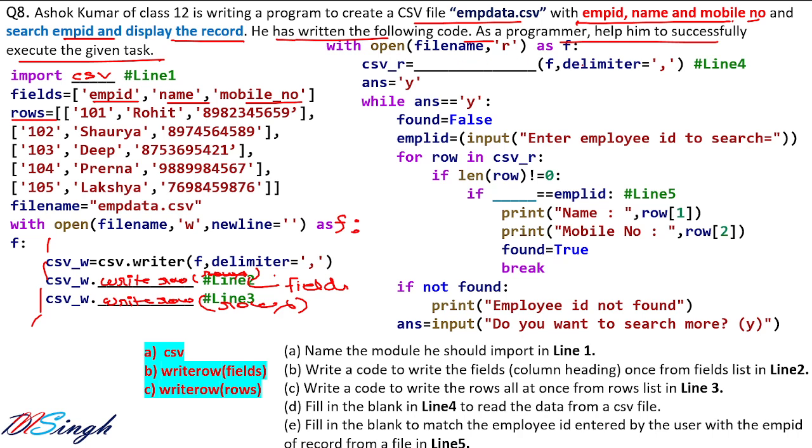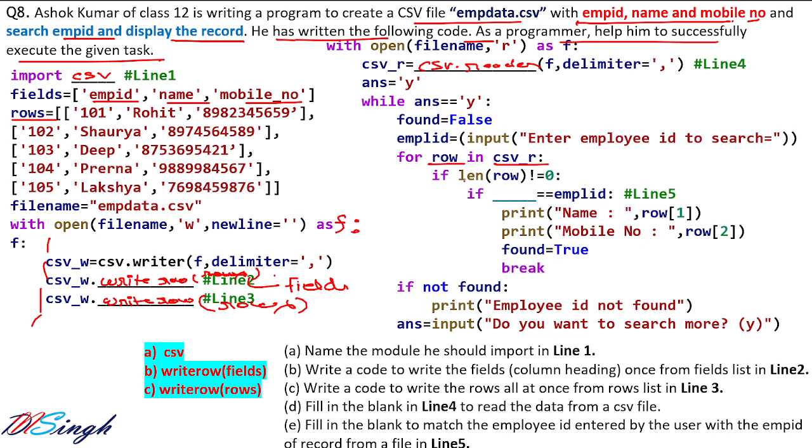Next we are opening a file. Okay, no, we are not opening. What object are we making? We are making a reader object. So csv.reader, because this is used for iteration. Next, we want to search on the basis of employee id.